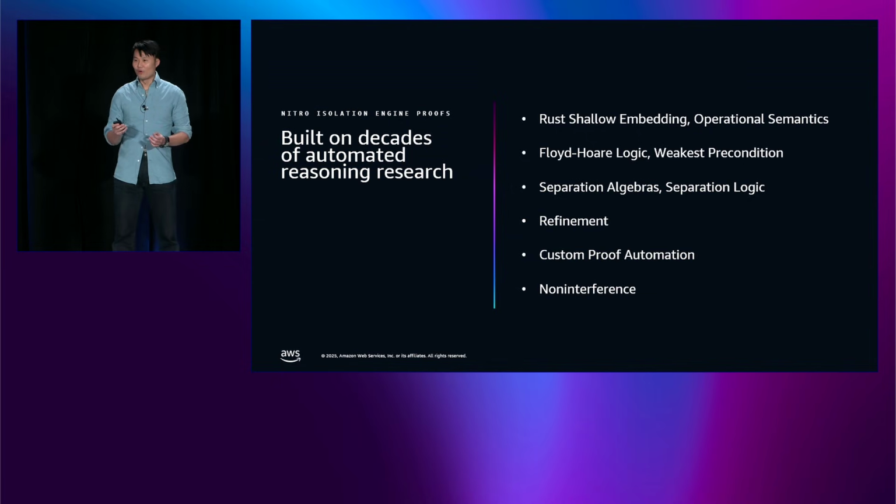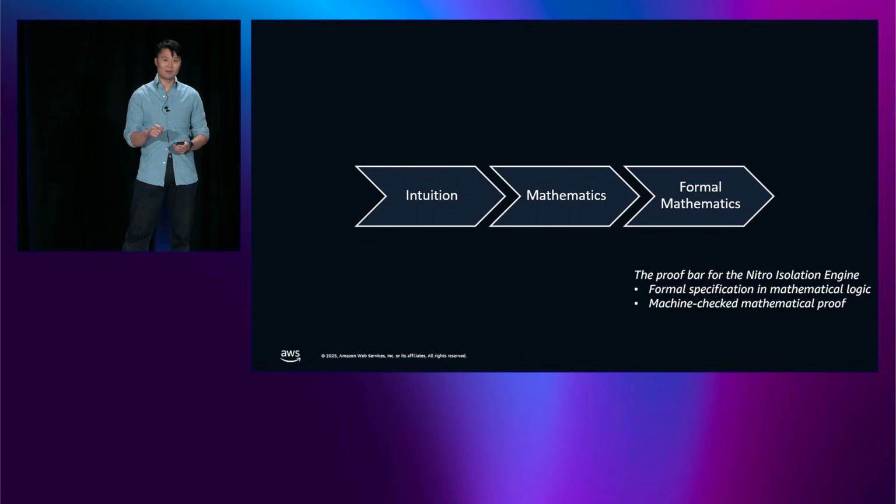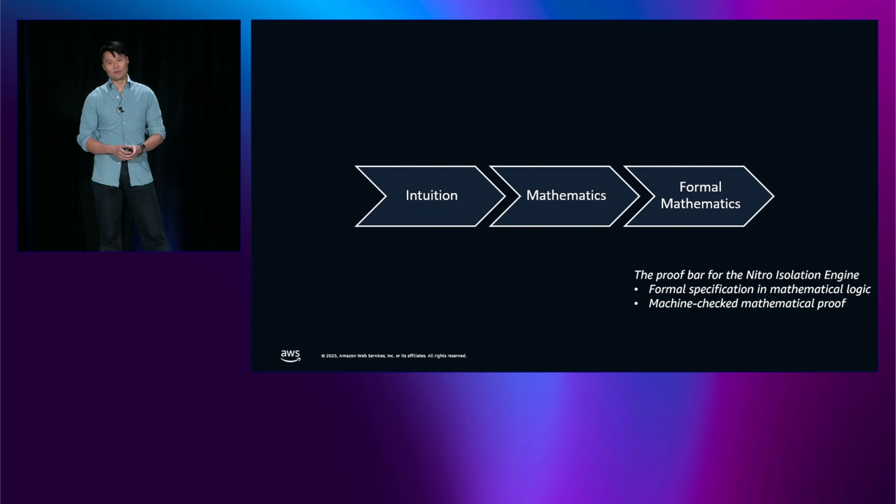Now that we've seen both specification and proof, let's pop to the top. If you look back, you'll notice I've told you the same story twice. It's one of an increasingly high bar. I gave you the intuition or the idea of a proof or a specification, showed you how mathematics makes that idea sharper, and finally, given you glimpses of what that looks like in formal mathematics to show you the proof bar that we use in the isolation engine.